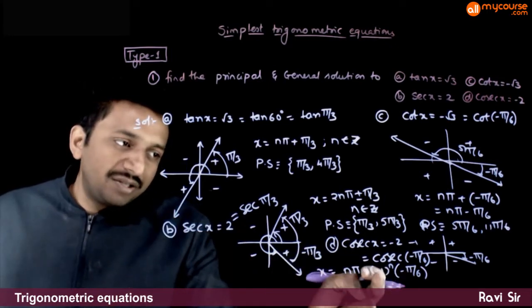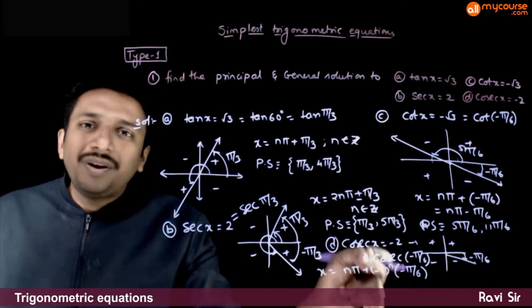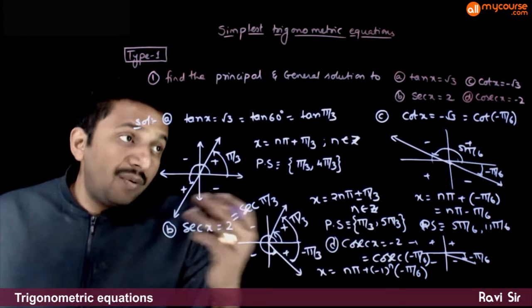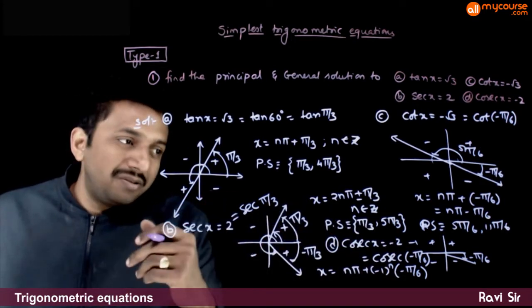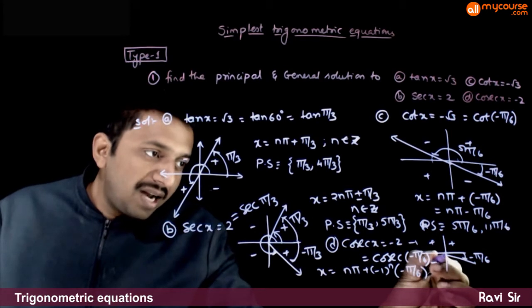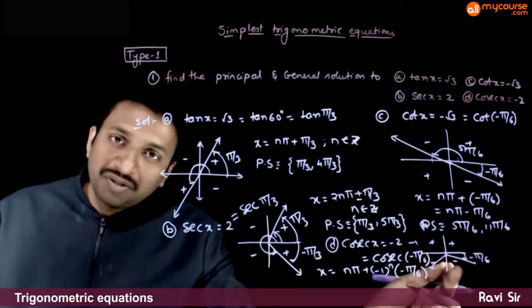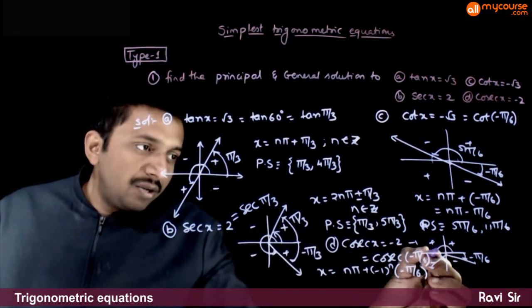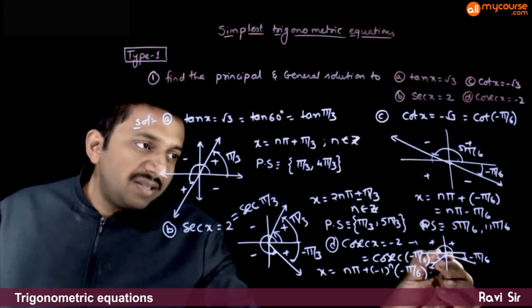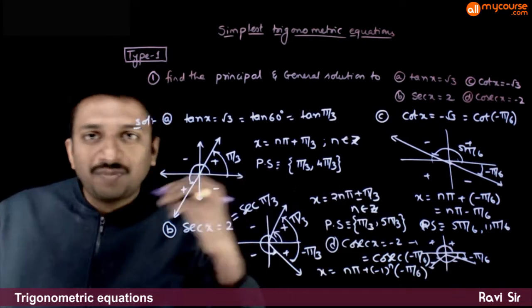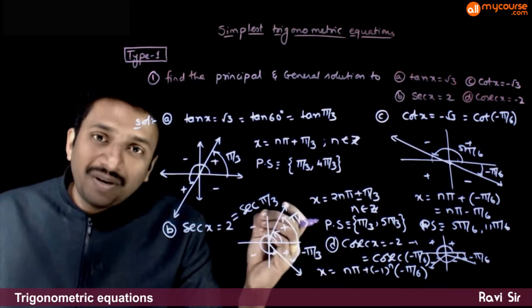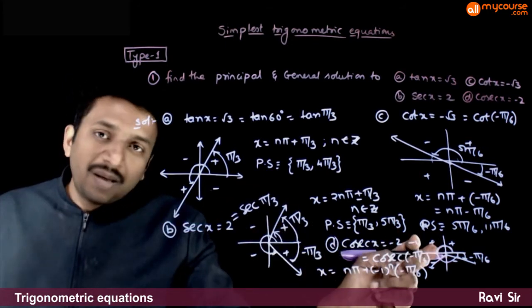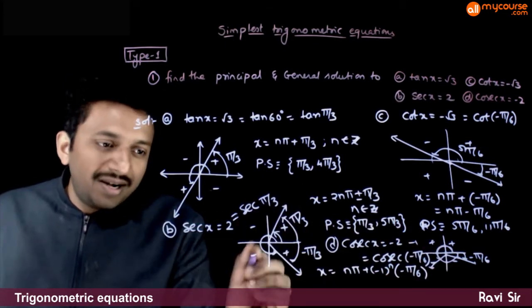So you can take a minus common. So you can write it as minus 1 whole power n plus 1 also. And what is the principal solution? You have one solution here and another solution here, allied positions. So one solution is pi plus pi by 6, the other is 2 pi minus pi by 6. So those are the principal solutions. Pi plus pi by 6 is 180 plus 30 degrees, 210 degrees.